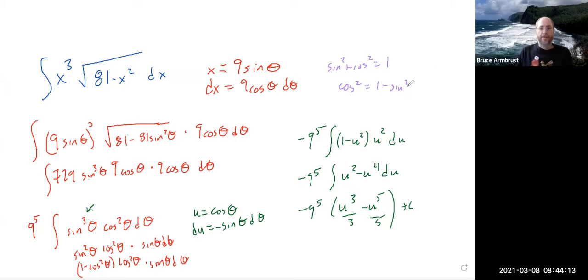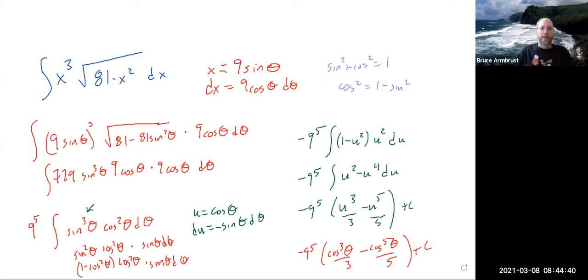And now we get to have fun. We get to resubstitute. If we go back and replace the u's, this becomes minus 9 to the 5th times cosine cubed theta over 3 minus cosine to the 5th theta over 5. And then lastly, we need to substitute back in for the thetas.